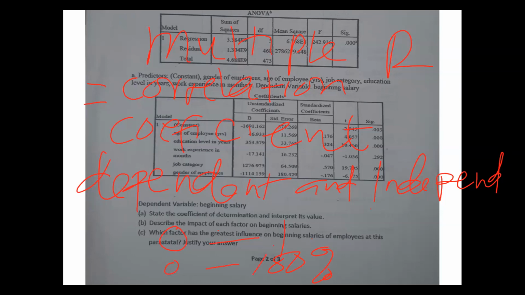So the closer the number is to 100%, the stronger the relationship between the y and the x variables.